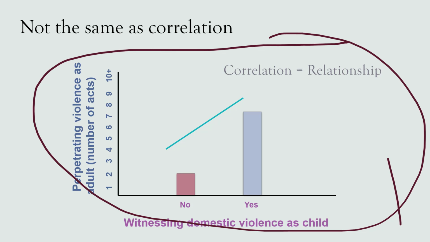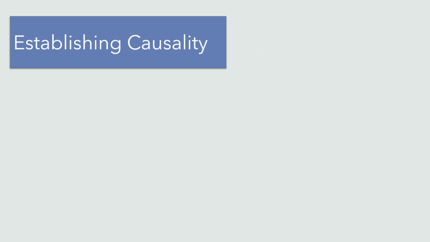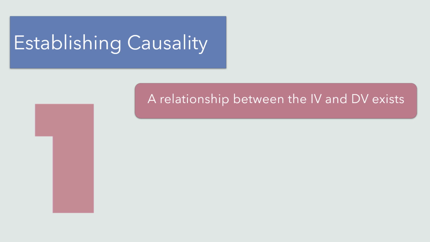In order to go beyond just looking at this as a relationship and establish causality, there are 3 criteria we must establish. The first criterion is what we just went over in the previous slide, which is that there's a relationship, a correlation, between the independent variable and the dependent variable. That's the first step.